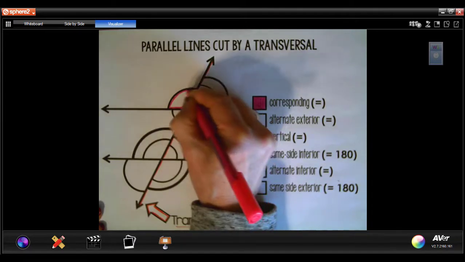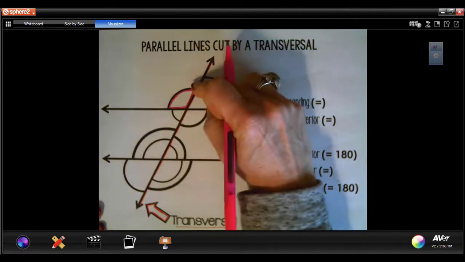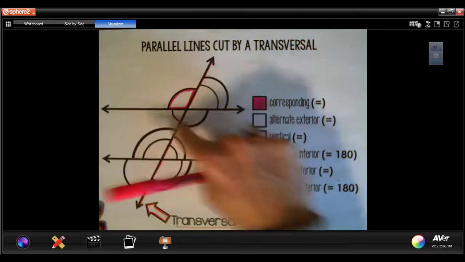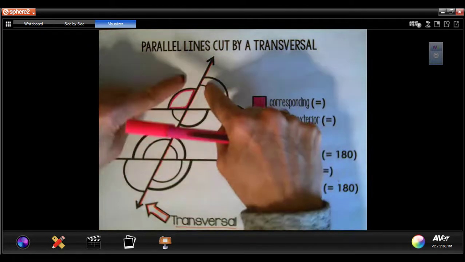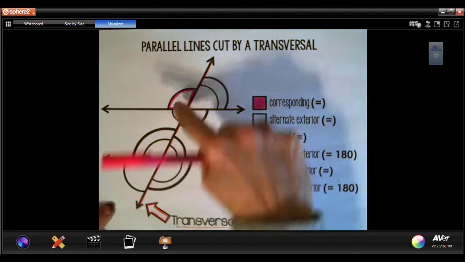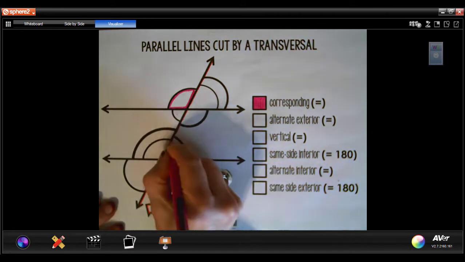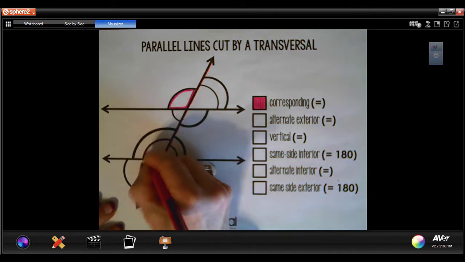And corresponding is going to be the same angle, just slid down. Okay, so there's like 4 angles formed here, and I could just slide them right down, and this angle is the same as this one. So I'm going to color this one pink.